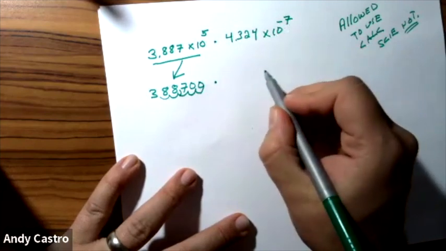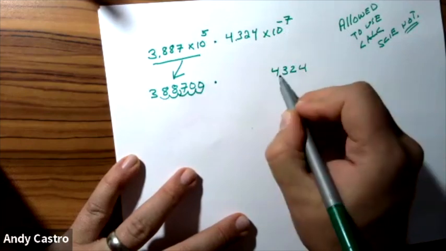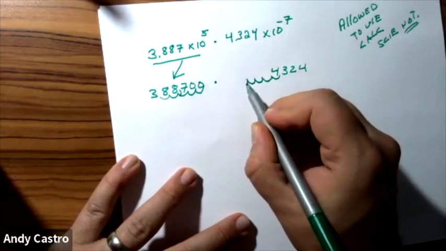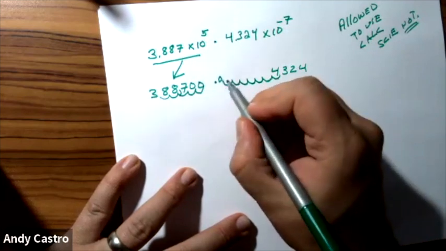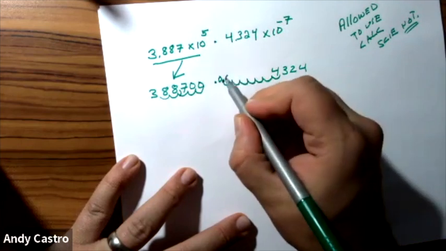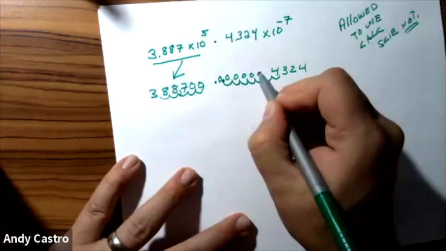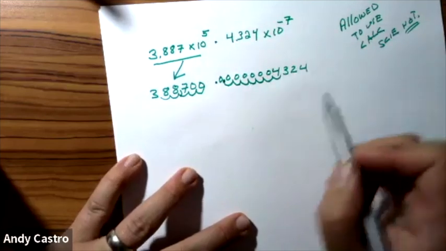So I'm going to make sure to put my 4 over here because we're going to be moving it to the left 7. 1, 2, 3, 4, 5, 6, 7. So times 0.00000004324.